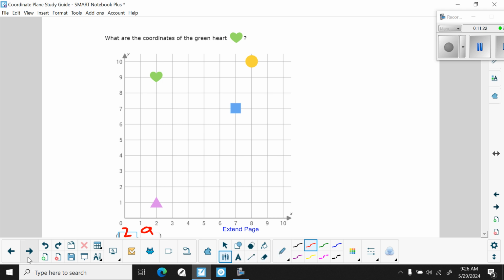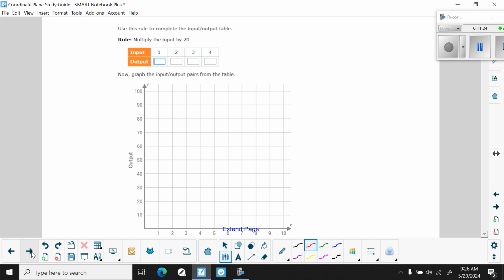And I believe the next one is going to be our last one. Nope, I think we have 2 more. Use this rule to complete the input-output table, and now graph the input-output table. So the rule is multiply the input by 20. So input is 1, output is 20. Input is 2, output is 40.